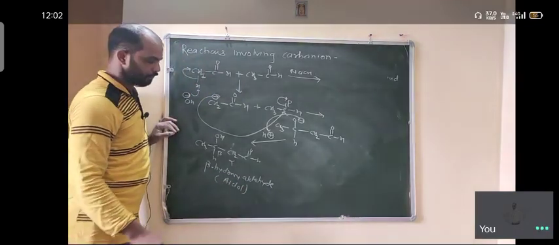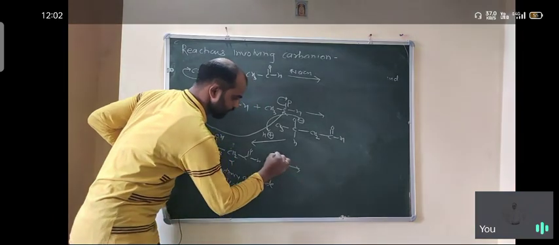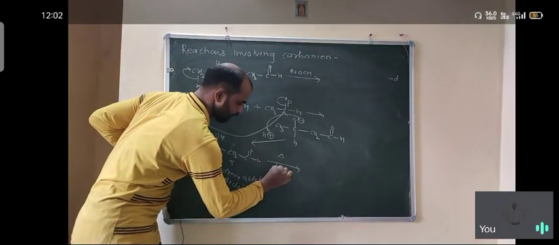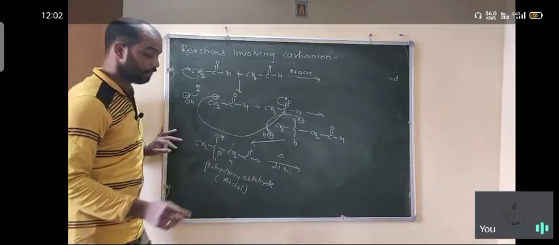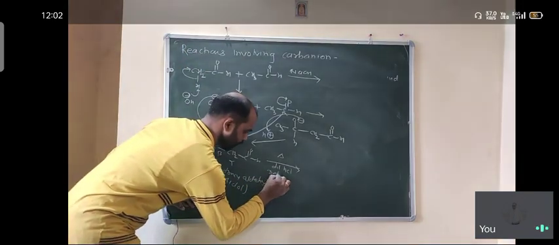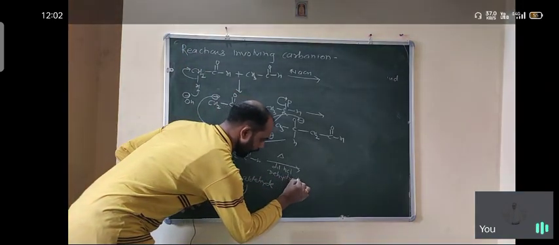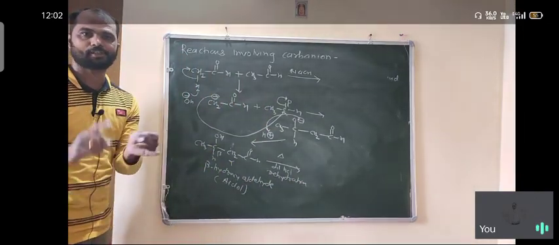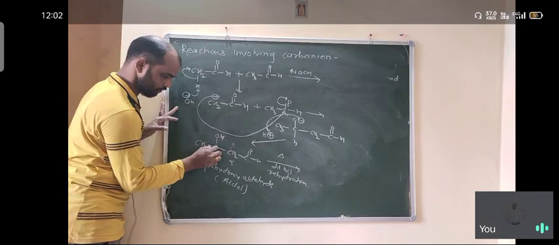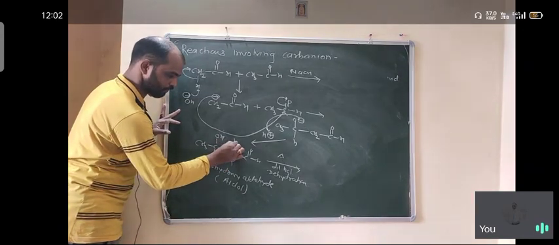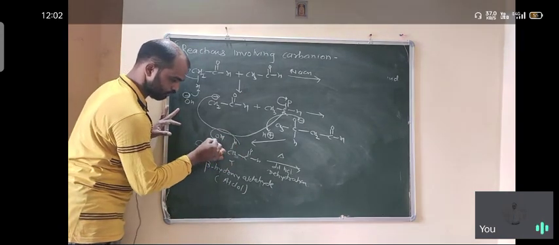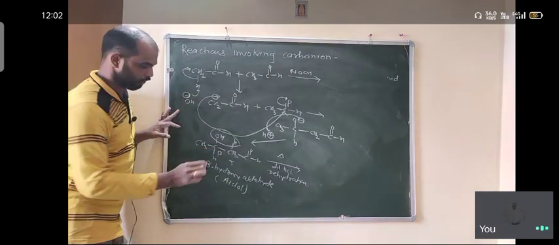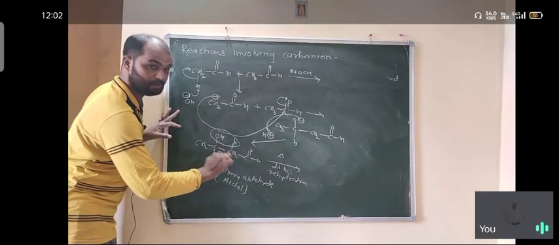Suppose this reaction is heated in dilute HCl, or dilute acidic condition, it undergoes dehydration. For dehydration we need the OH and we need the H. So this OH is here and the H is present here. These are removed and a double bond is formed between the alpha and beta positions.